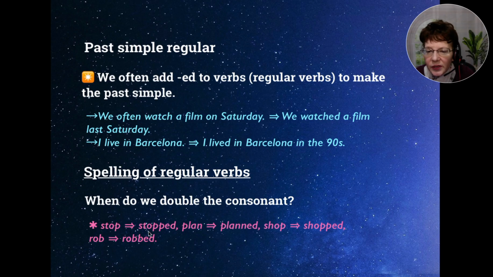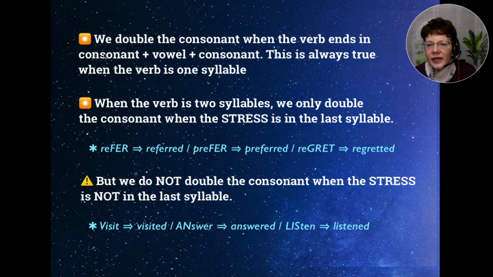So stop here becomes stopped with double P. Plan here, planned, double N. And then shop, shopped here, double P. Rob becomes robbed, like we saw before. Okay. So we double the consonant when the verb ends in a consonant, vowel, consonant. So this is always true when the verb is one syllable.